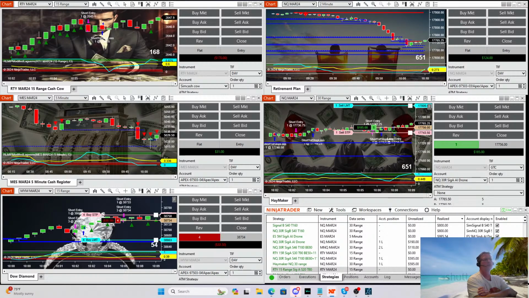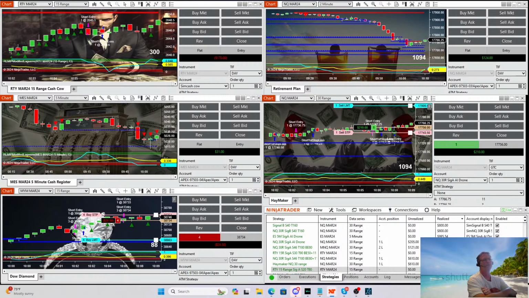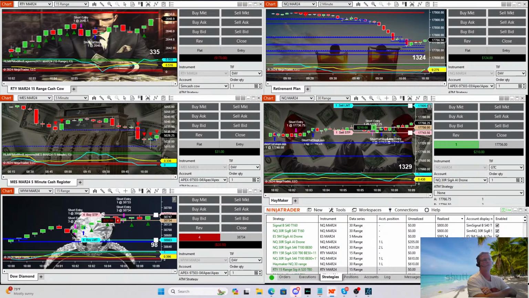And a nice long move here. Order filled. Getting a retracement on the NASDAQ.